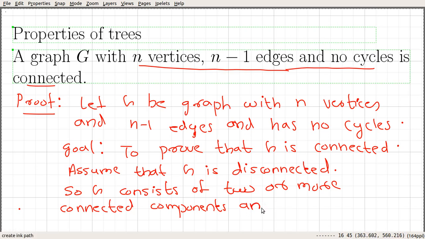And also we can see that these connected components are also without cycles, because we assume that G has no cycles, so the connected components also do not have any cycles. So G consists of two or more connected components, and each component is also without a cycle.